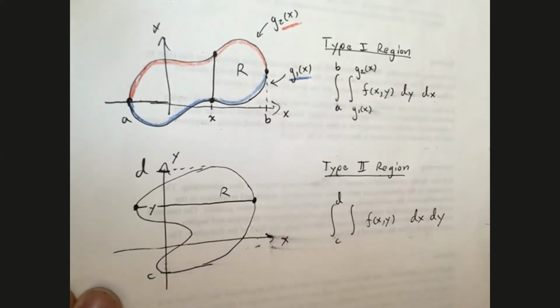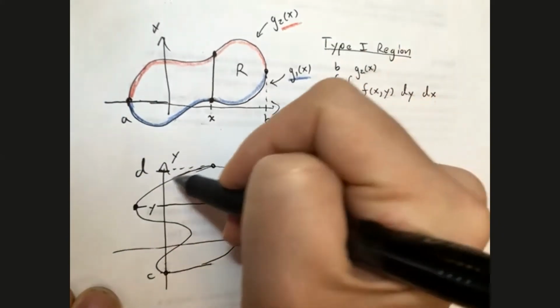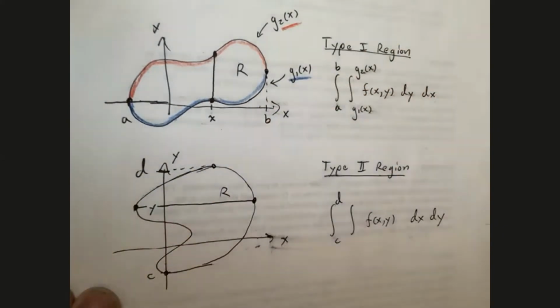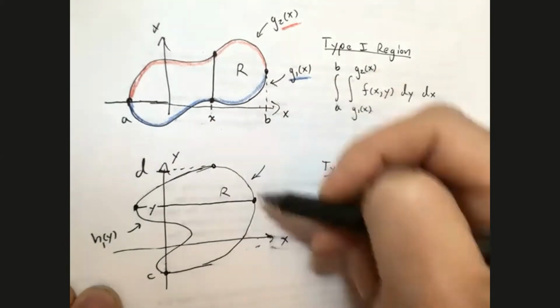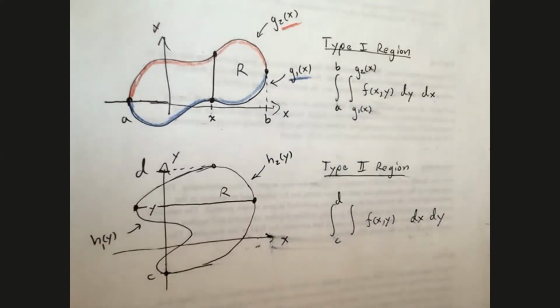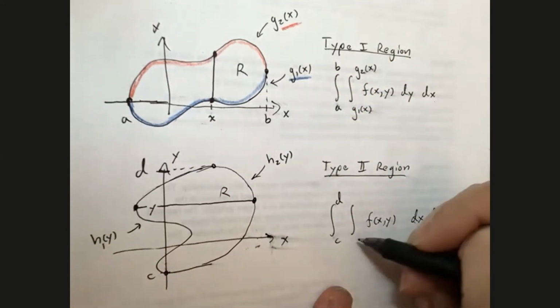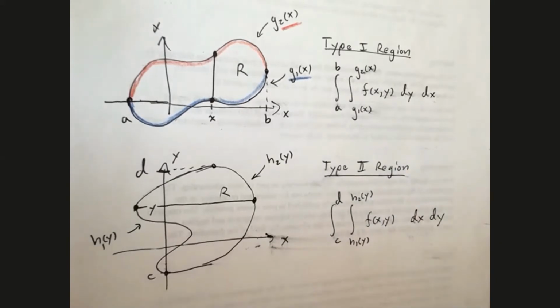So I might call the one on the left, this one that goes from here to here, h1 of y. And I might call the function that's on the other side h2 of y. So this would integrate from h1 of y to h2 of y. And that's how I would set up the integral for a type 2 region.